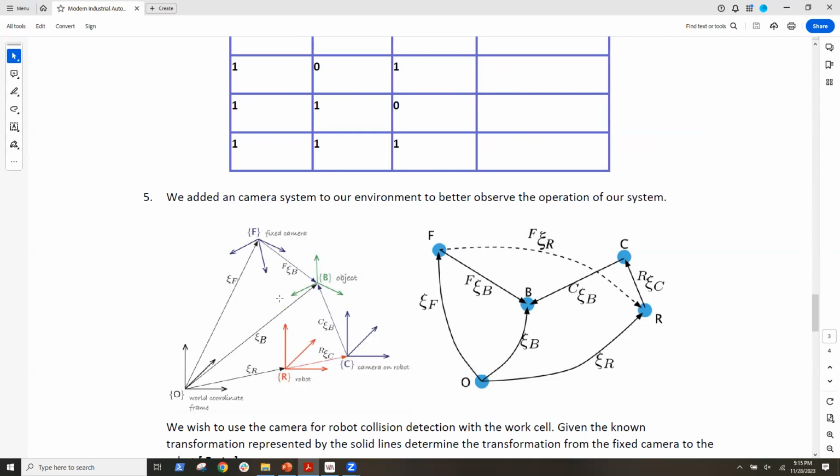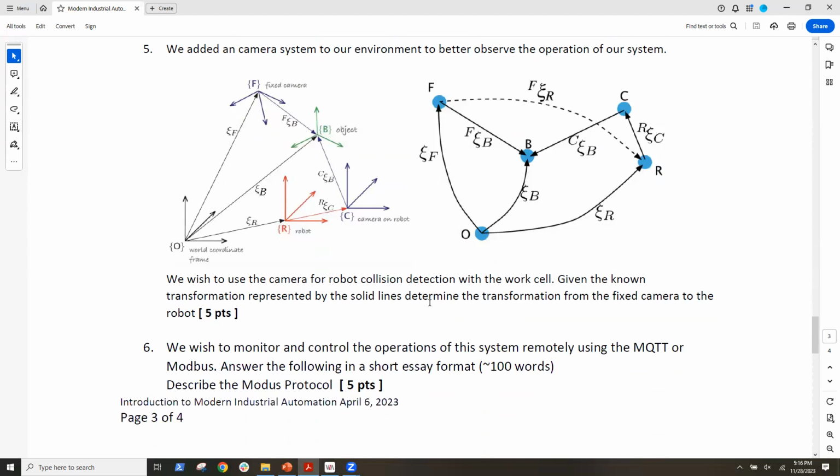So where is the object located with respect to the base of my robot system? We do the same thing we just talked about. We find that relationship here, the dotted one, and you'd be able to compute that with respect to the origin. I want to get to this object and figure out the relationship. That's what question 5 was asking.